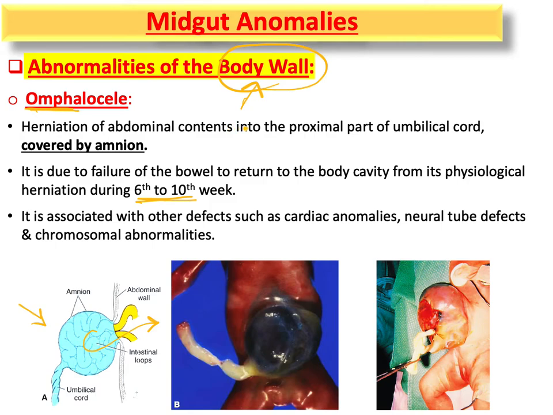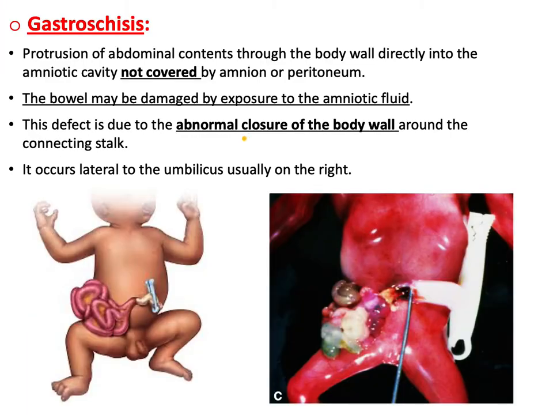An example of abnormality of the body wall other than the omphalocele: we have gastroschisis. Yes, when you read it, gastro means stomach, but indeed this is a misnomer.